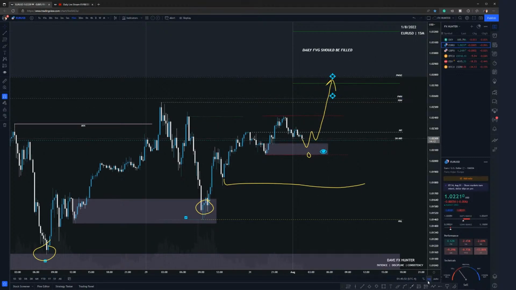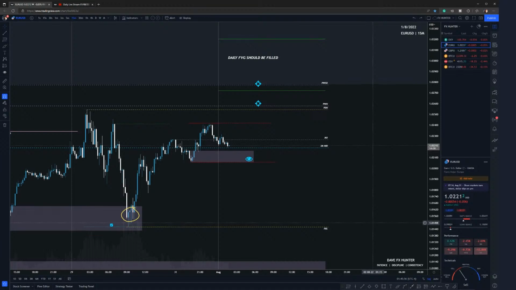But what has to happen is that these levels must not be filled before this pullback, because if it goes up like this, then the entry here is actually invalidated, right?